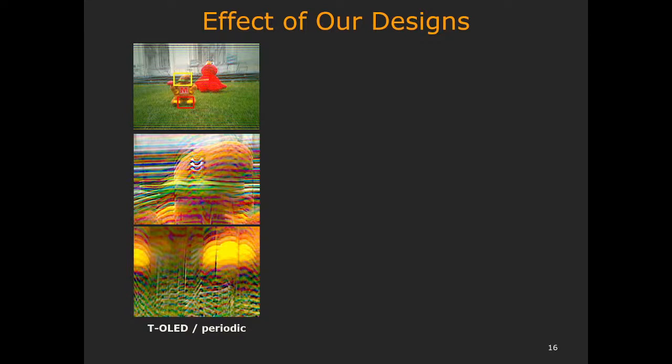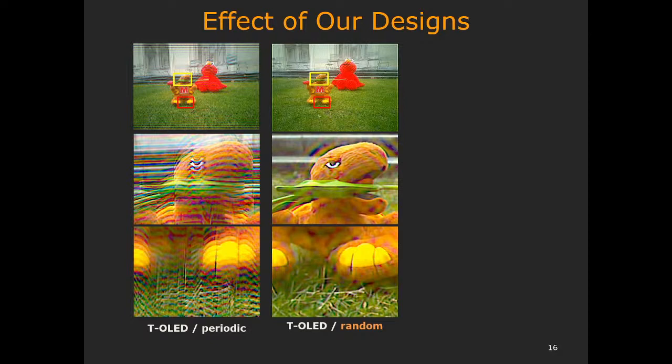This example demonstrates the effect of our two designs. We capture two toys sitting on the grass. The first column is the baseline layout, conventional TOLED. We can see that there are severe horizontal artifacts in the recovered images. Next, we introduce random tiling to the same TOLED pattern.